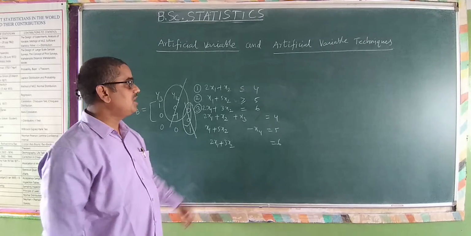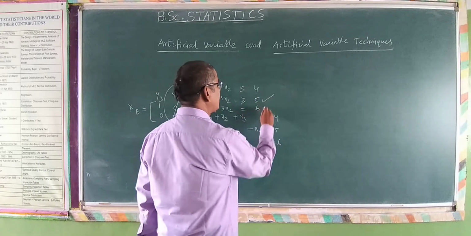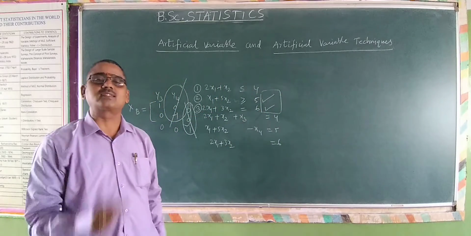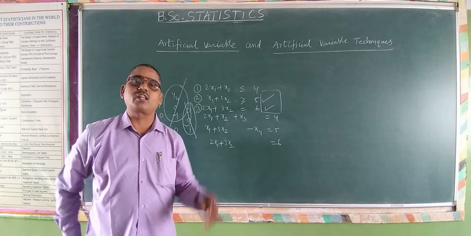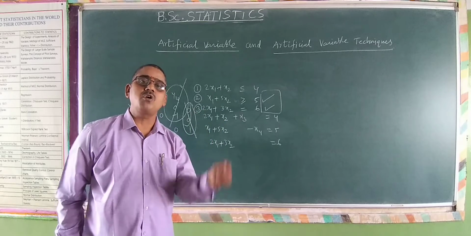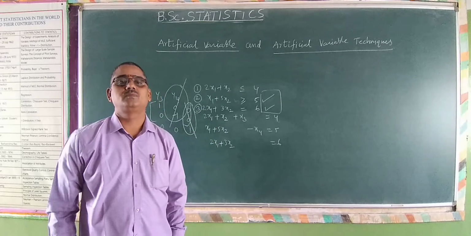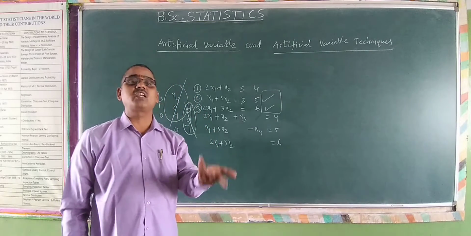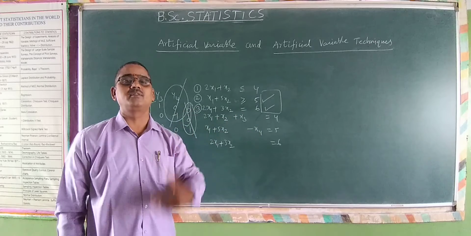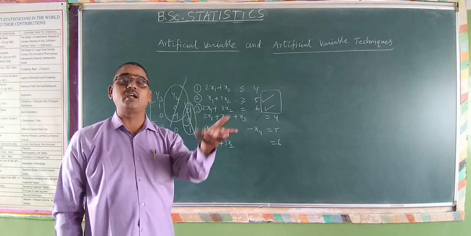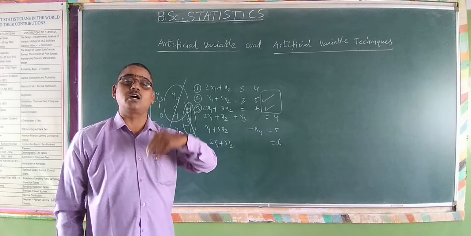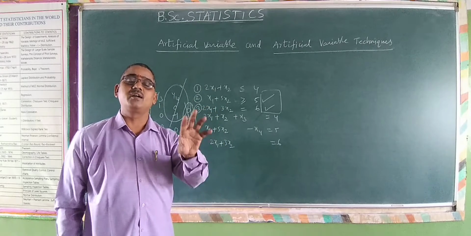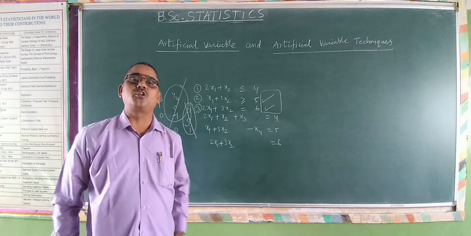For greater than or equal to, or equal to constraints, the initial basic feasible solution is not readily available. These are the two types of constraints that do not provide the initial basic feasible solution.